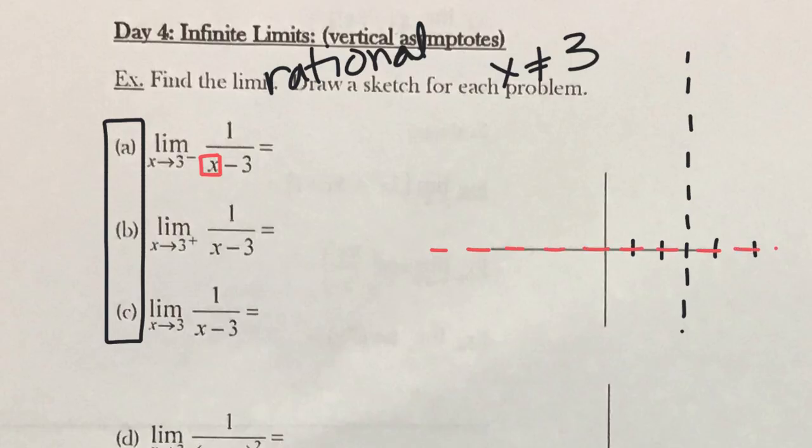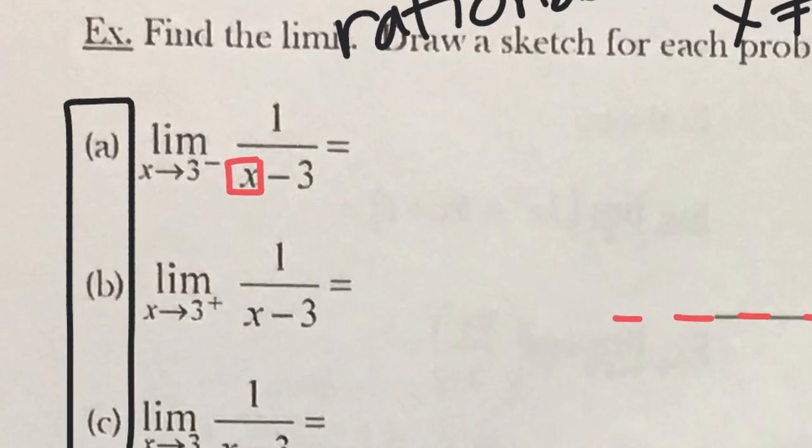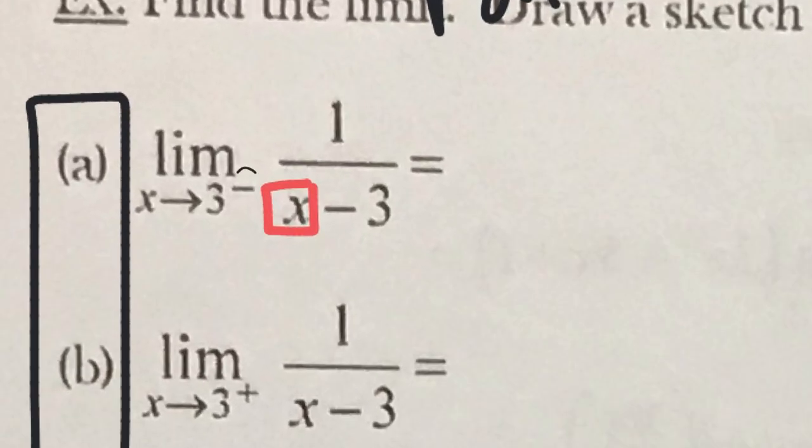So we have a vertical asymptote at x equals positive 3, and a horizontal asymptote at y equals 0. So it's important to understand what this graph is going to look like to begin with, as we're talking about the limits as x approaches our asymptote from the left side.